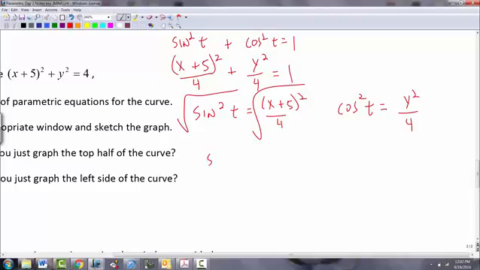Square root? Yeah, I'm worried about the plus minus on that. I'm going to come back to you on that. I'm going to leave it off right now, because I think that would give you 2 different sets of equations on this one.